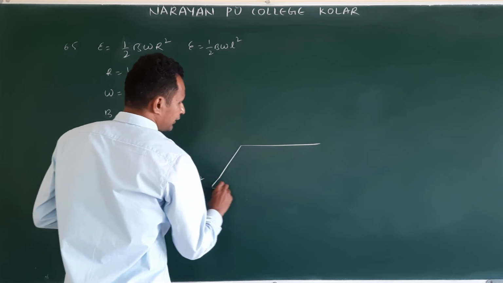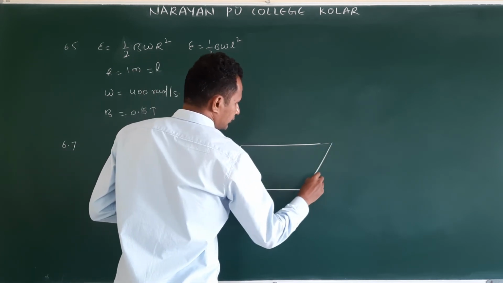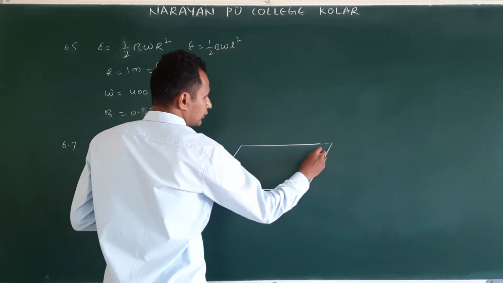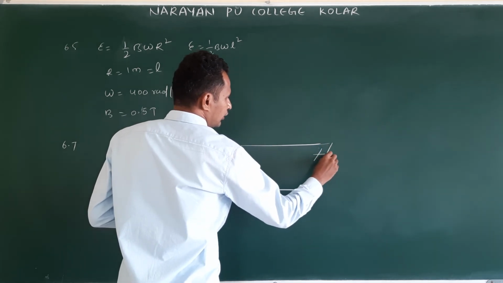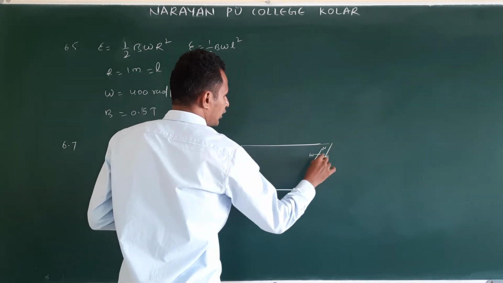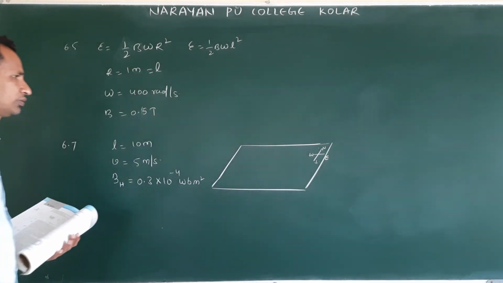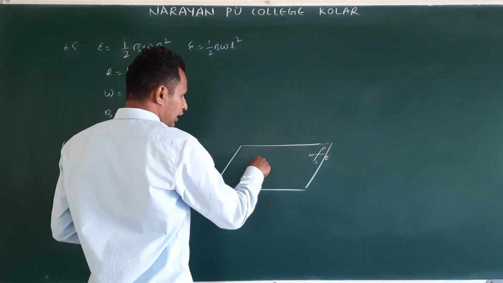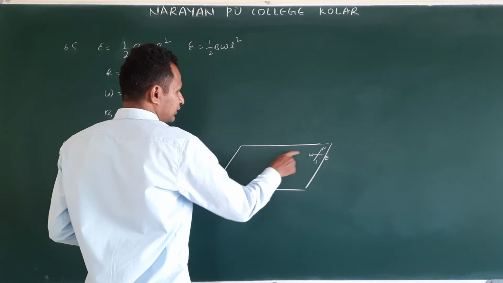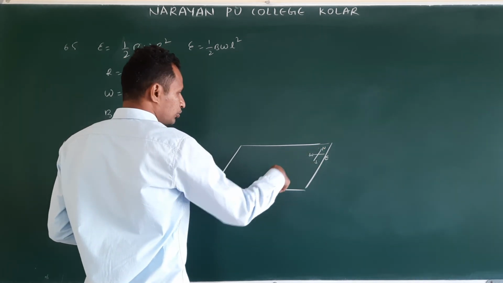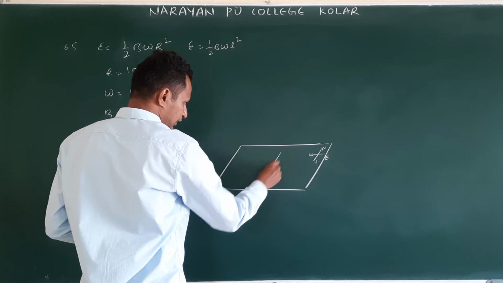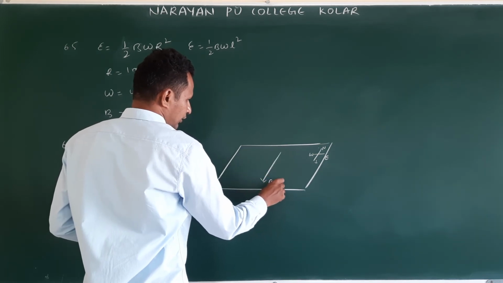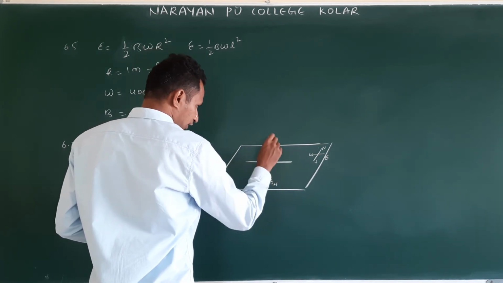This is considered a plane. Here, east to west, north to south. Clear? Now, the rod is falling. What is the BH direction? North to south. So this is the BH direction. The rod is falling down like this.